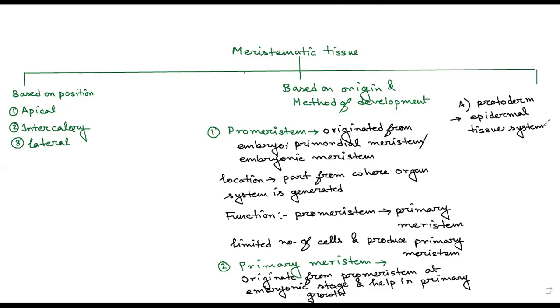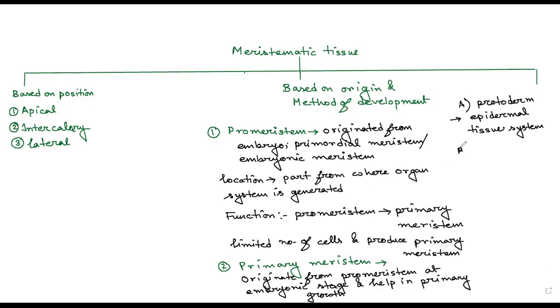So in case of animals there is epithelial tissue, in plants we have epidermal tissue. So protoderm is the version of primary meristem which produces the epidermal tissue.